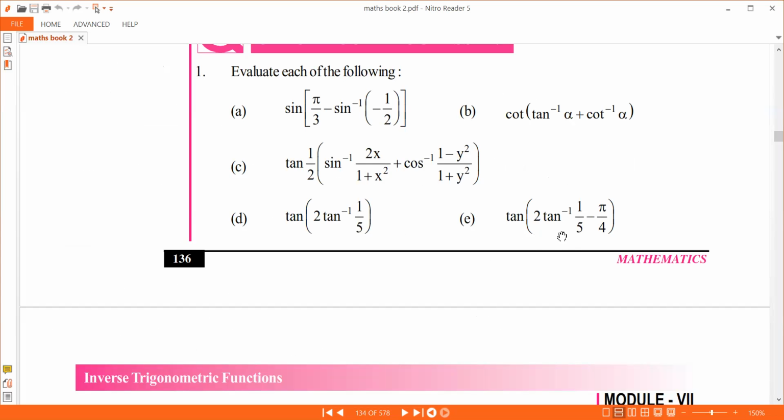So the next one is tan of 2 tan inverse 1 by 5 minus pi by 4. So just we did 2 tan inverse 1 by 5. Here we go. Tan of 2 tan inverse 1 by 5 minus pi by 4.